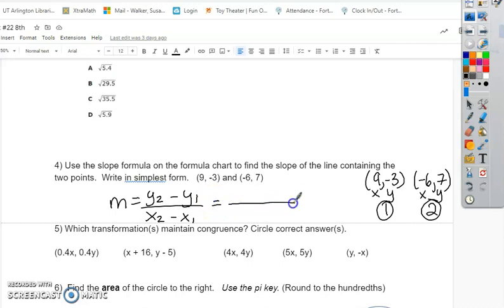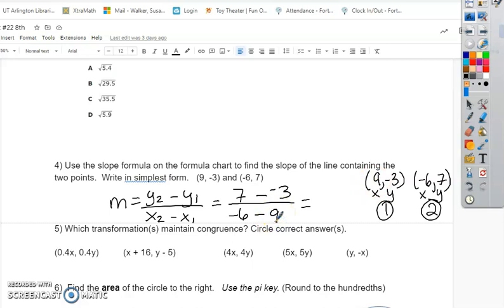Okay, so go on and put your minus so you don't forget. y2 is 7 minus y1 is negative 3. 7 minus negative 3. Then over here, x2, negative 6 minus x1 is 9.